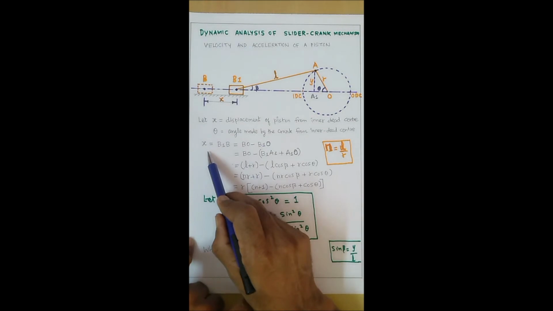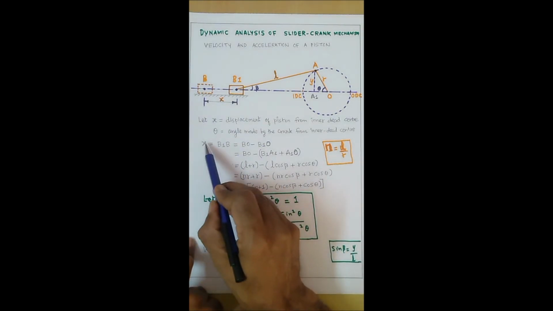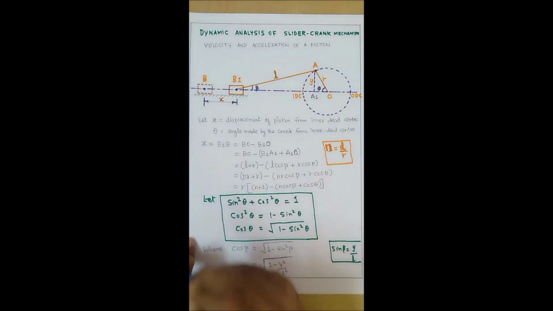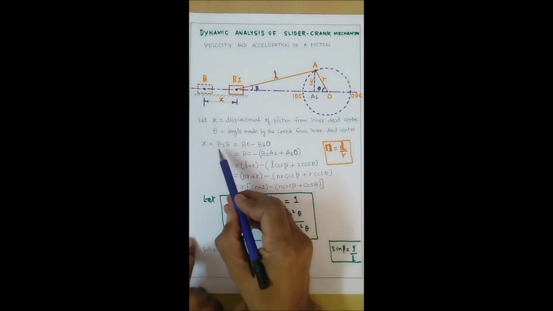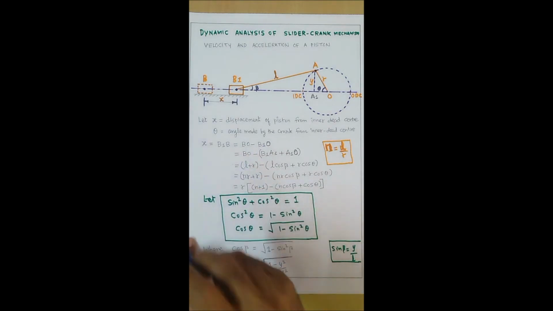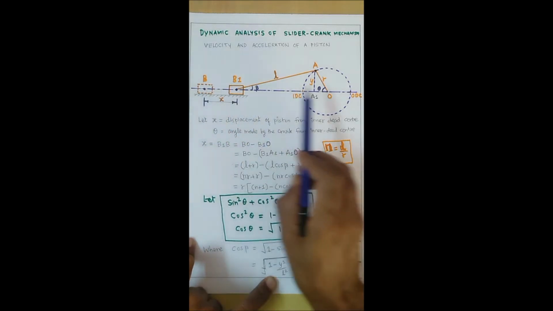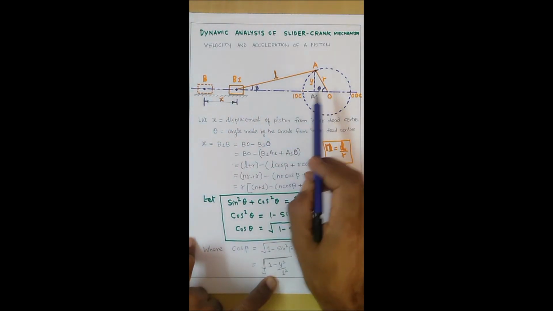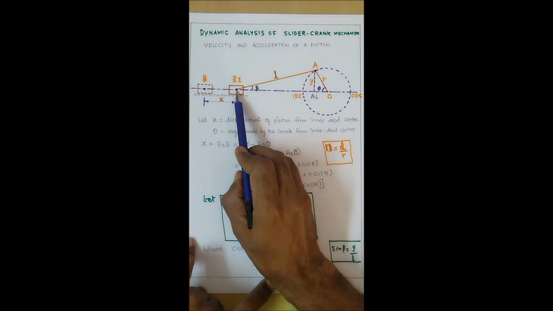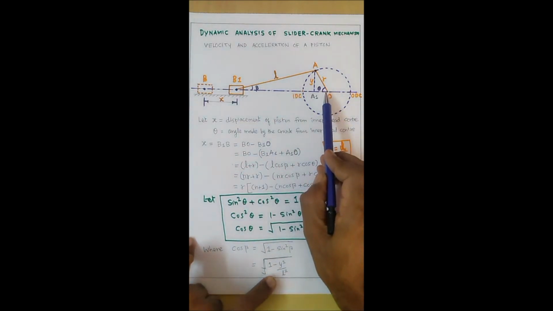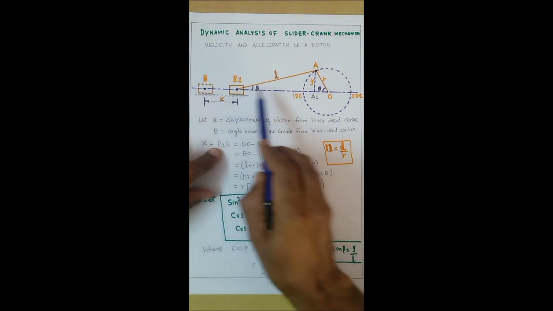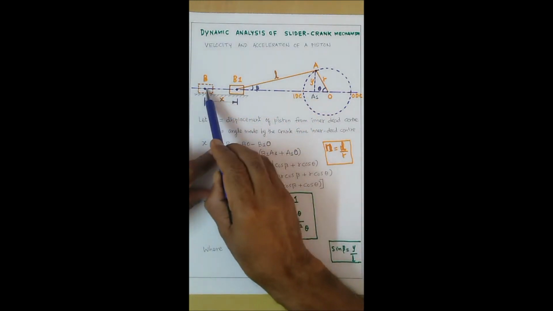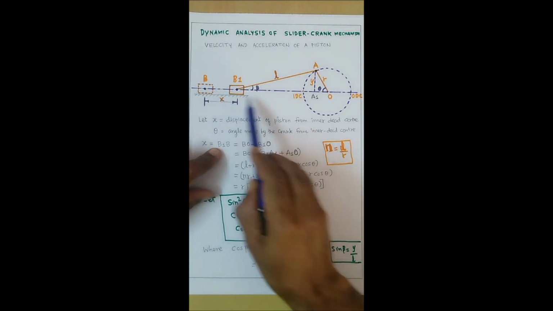Now use the relations for X. X is equal to B1B. B1B is equal to BO minus B1O. We need this distance by using the relations.